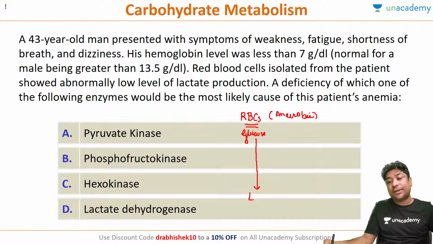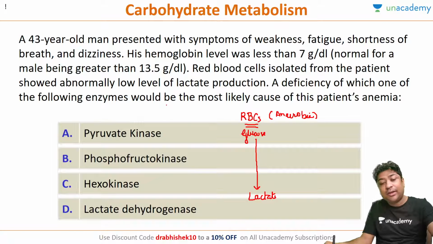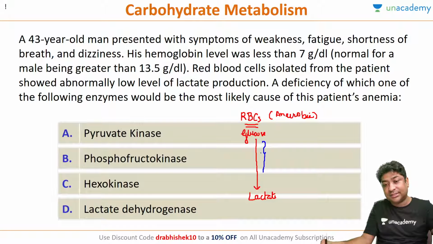It cannot be stopped at the pyruvate level. So if you understand that, any metabolic defect in any one of the reactions will lead to a decrease in lactate formation. So this is the first concept. It's not just the last reaction, lactate dehydrogenase.